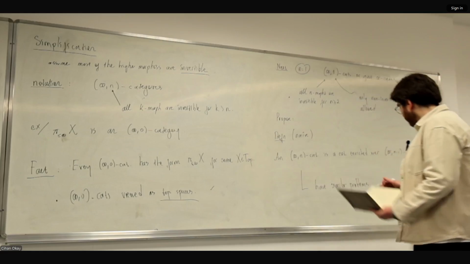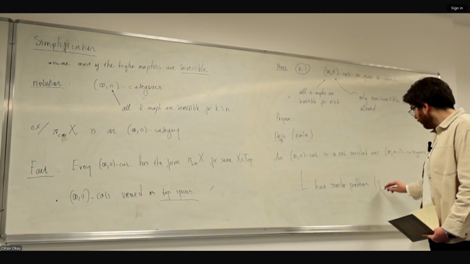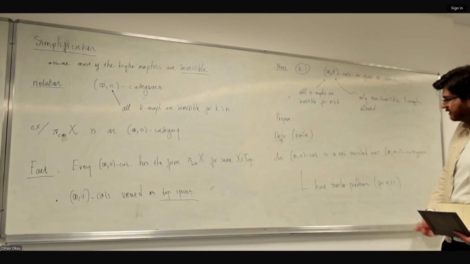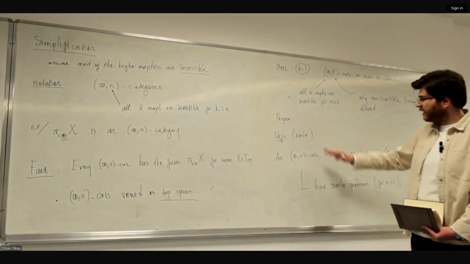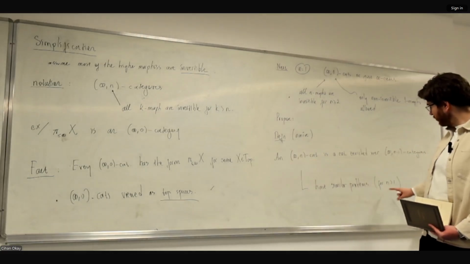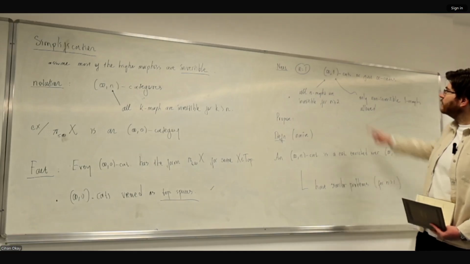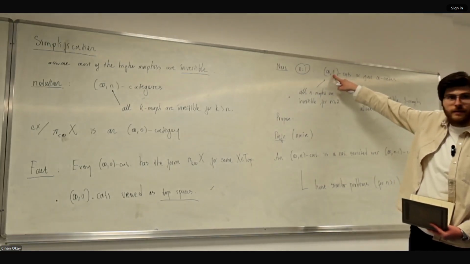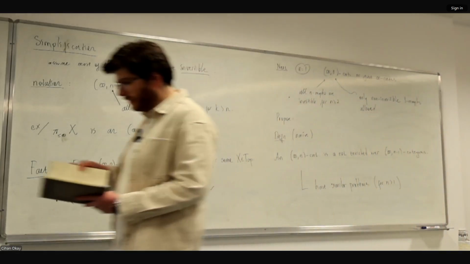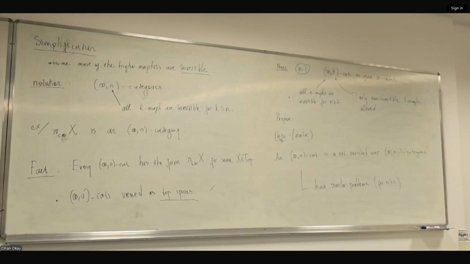But this happens for n equals 1. So therefore this is at least good news. We have the same technical problems when you have this kind of definition for n equals 1. Therefore, when n equals 1, you have a nice and formal way of defining infinity categories.